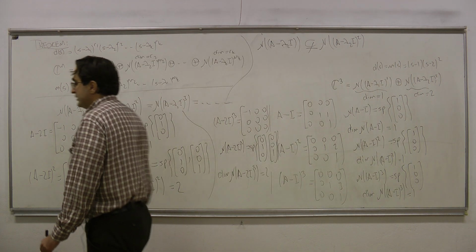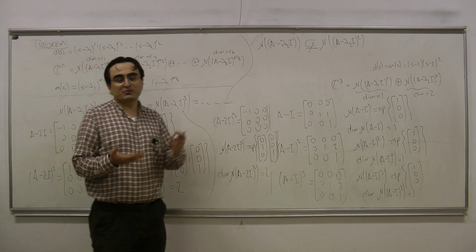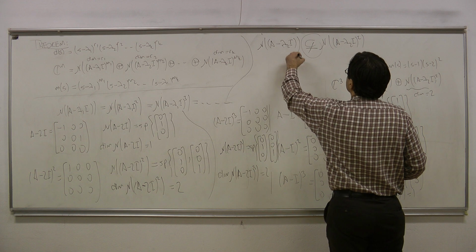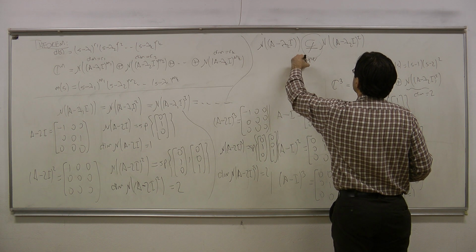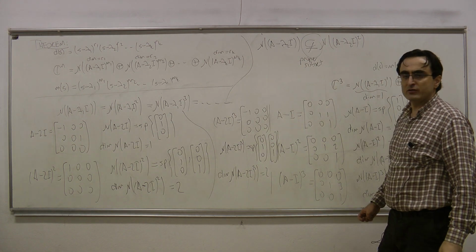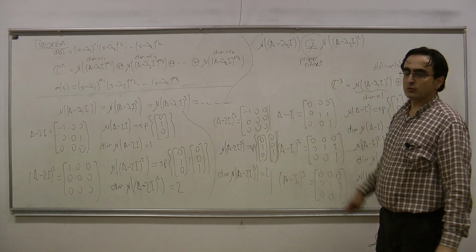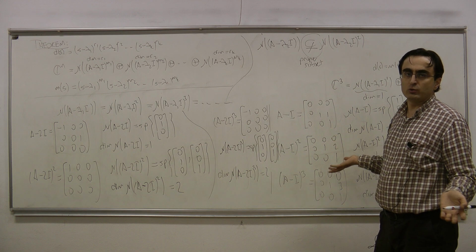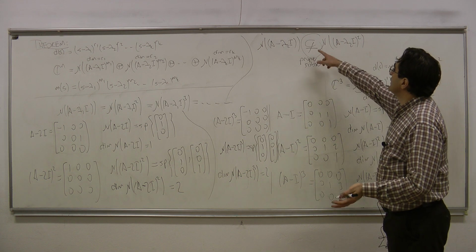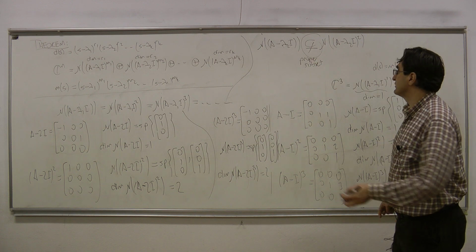Okay? We know that a set is always a subset of itself. Okay? And this is a proper subset sign. Okay? If I just write the subset relationship, then those two subspaces might be equal, because every set is a subset of itself. Okay? So here we are excluding the equality sign.